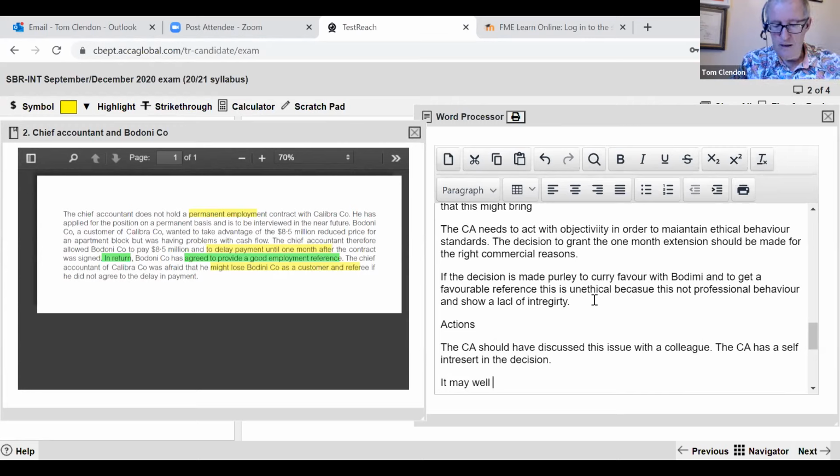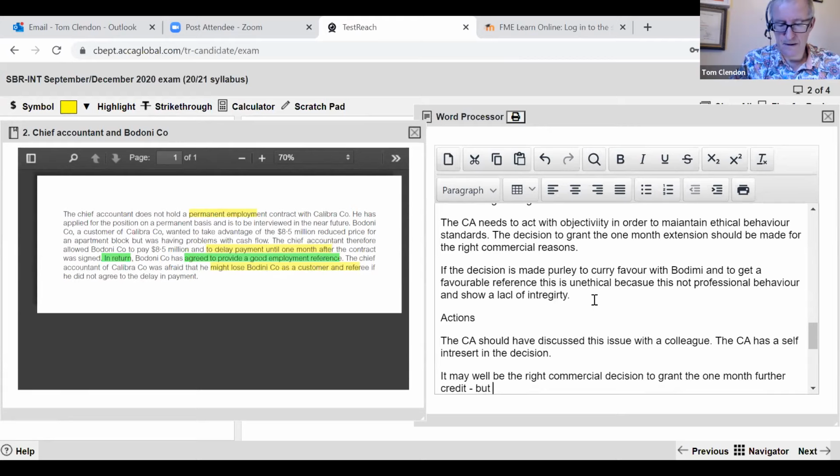It may well be the right commercial decision to grant the 1 month further credit, but the chief accountant needs to ensure it is not done secretly. Right, full stop, okay.